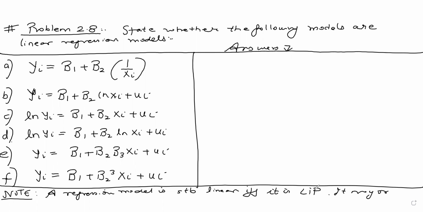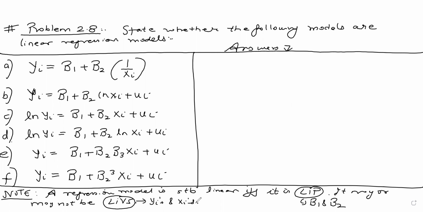It may or may not be linear in the variables. So I'm revising it again. A regression model is said to be a linear regression model if and only if it's linear in the parameters. Linear in parameters means B1 and B2 are the parameters. It may or may not be linear in the variables, which are yi's and xi's.